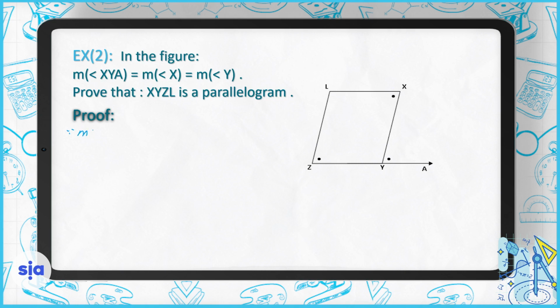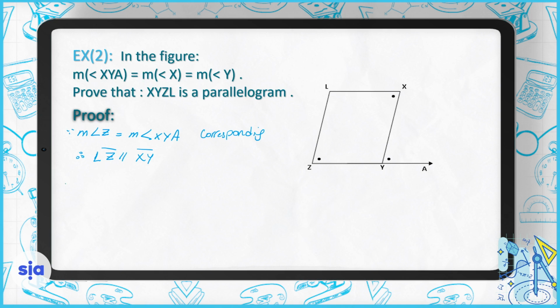Since the measure of angle Z is equal to the measure of angle XYA as corresponding angles, then LZ is parallel to XY.